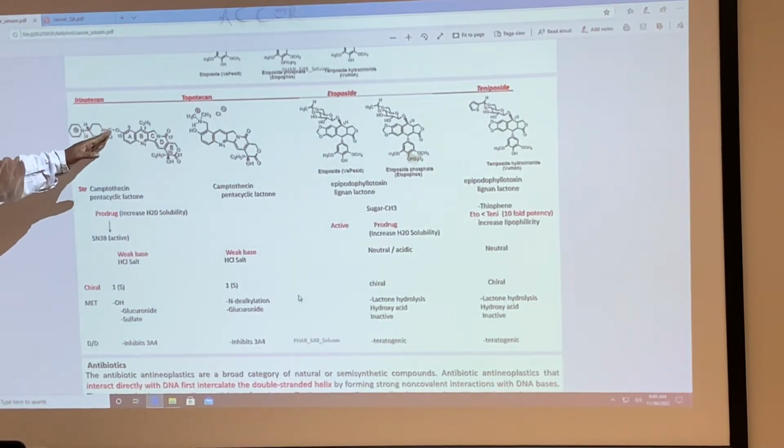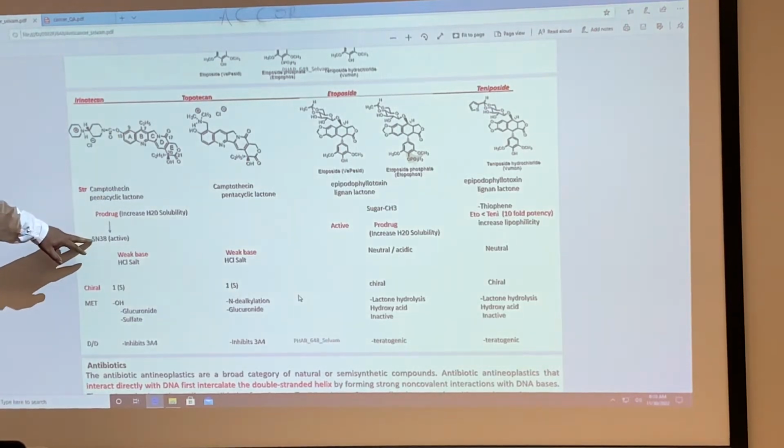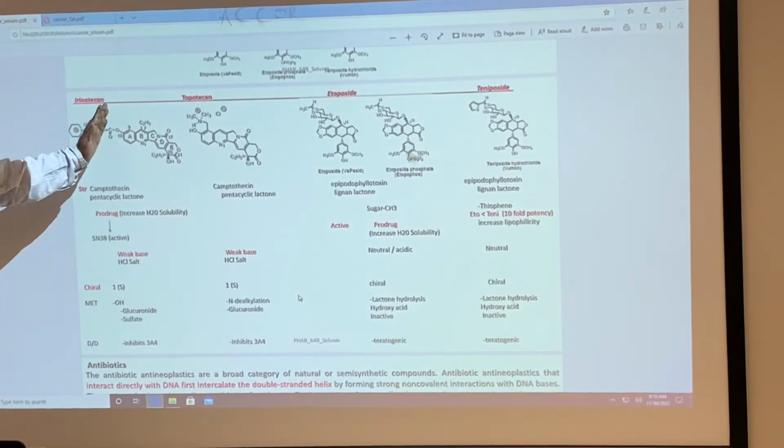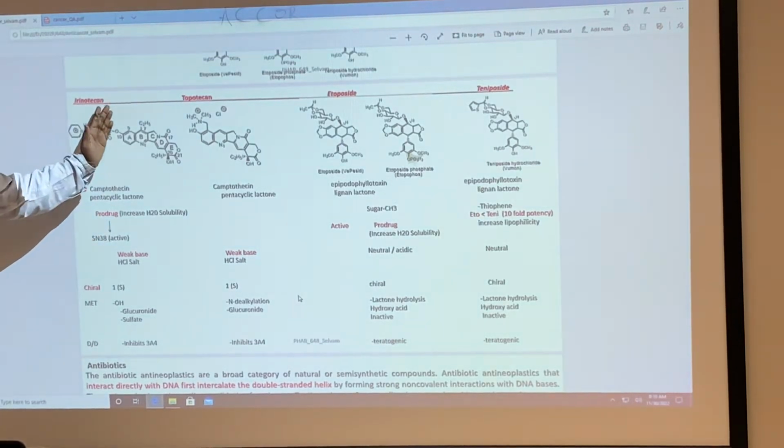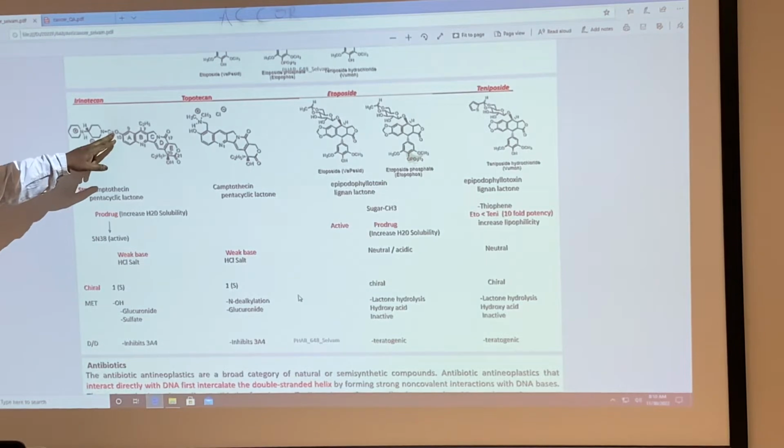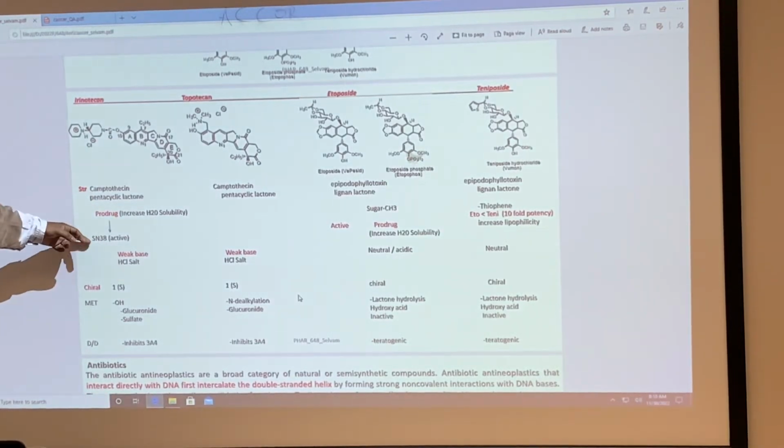Once the compound is metabolized, the ester bond is cleaved and becomes a hydroxyl. The 10-hydroxy compound is the active metabolite, SN-38: removal of the promoiety and addition of hydrogen gives the hydroxyl at carbon number 10. That's the active metabolite.